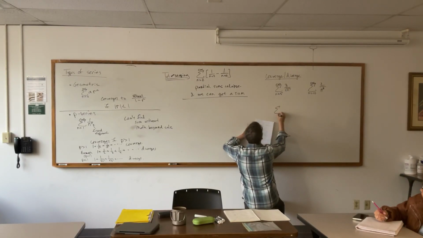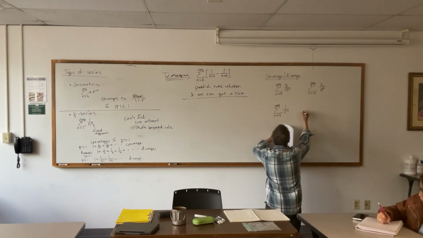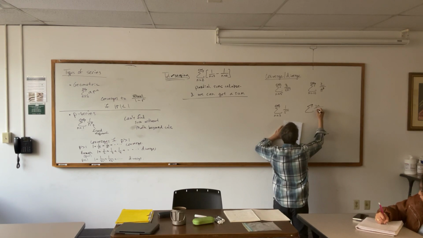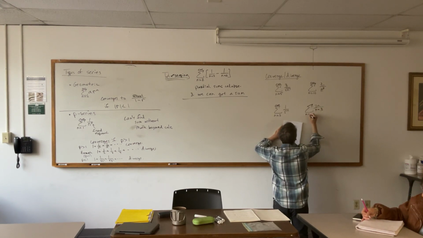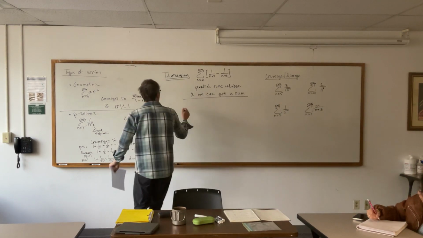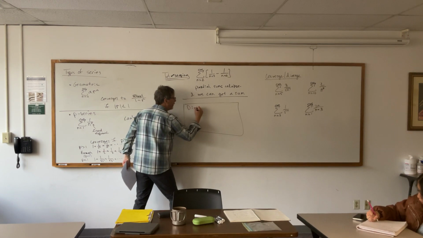Oh, and there's one other thing we hadn't talked about. What is the divergence test? We had one more thing, and it wasn't a type of series, but we had this test called the divergence test.